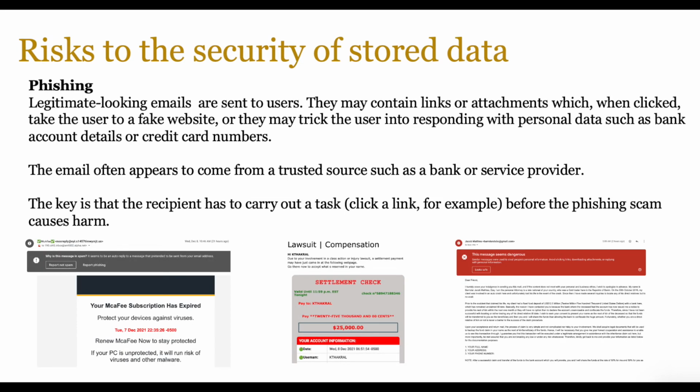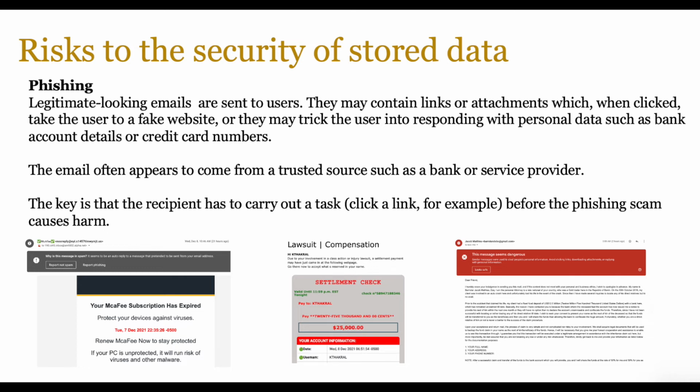Now, another key risk is phishing, where legitimate looking emails are sent to users. They may contain links or attachments which, when clicked, take the user to a fake website, or they may trick the user into responding with personal data such as bank account details or credit card numbers. The email often appears to come from a trusted source such as a bank or a service provider.